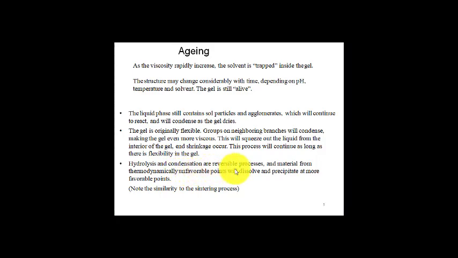Hydrolysis and condensation are reversible processes, and material from thermodynamically unfavorable points will dissolve and precipitate at more favorable points. So this whole process is the aging, when we get the gel and make it more viscous.